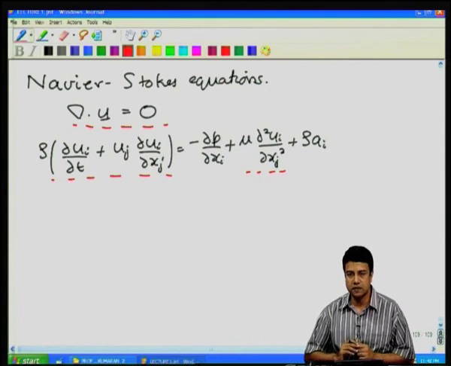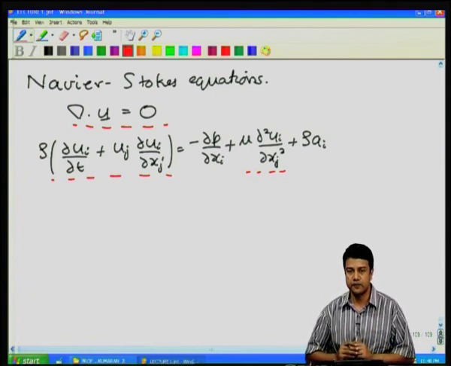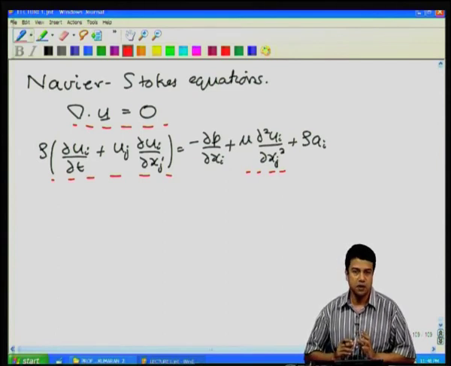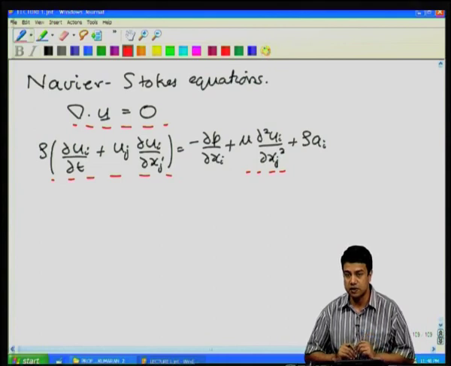And now we will try to solve these equations in different limits. If you recall, when we did heat and mass transfer, we solved it in the limits where diffusion dominates and where convection dominates. Similarly, in this case also we will solve it in the cases where diffusion dominates and convection dominates. But before that, we will just think back and derive some simple results that we got for unidirectional flows in the course on fundamentals of transport processes 1, just based upon shell balances.